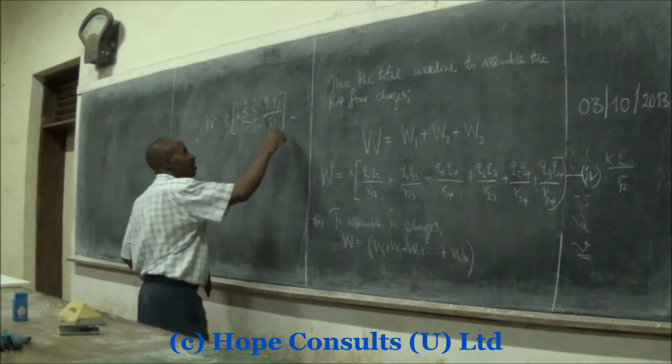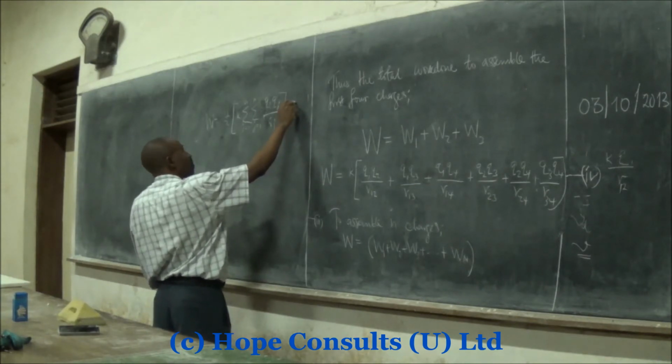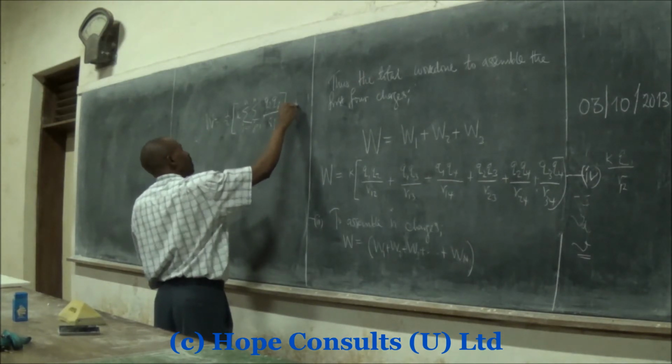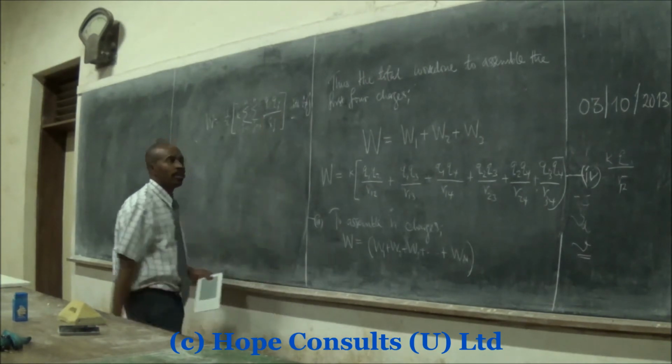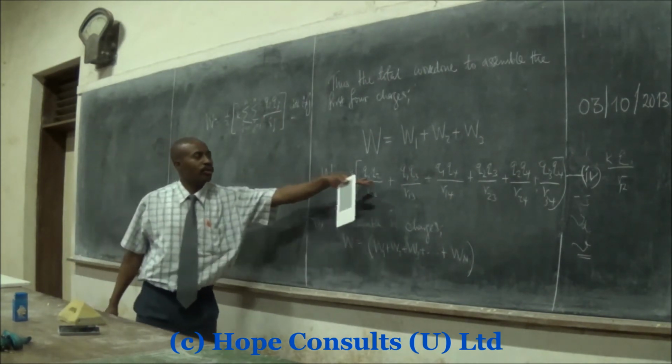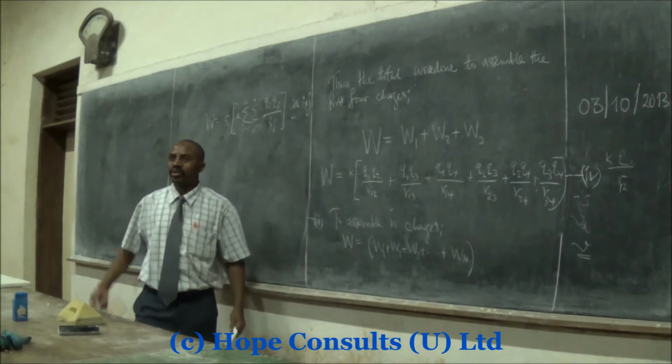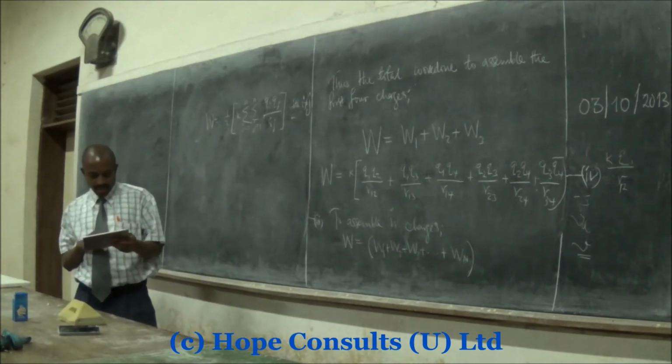So with your i never equaling j, you can't have Q1 with itself, because you can't have such a thing.